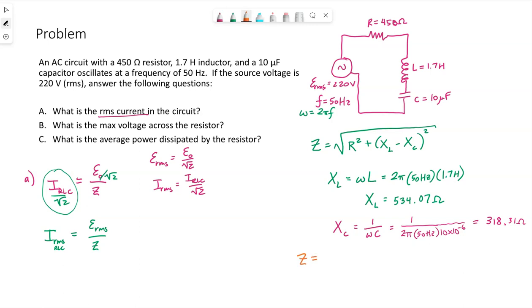Z then, the overall impedance, is the square root of R squared plus the quantity XL minus XC, squared. Our resistor we know is 450, plus this quantity, XL we've calculated, XC we've calculated. That quantity needs to be squared. So let's go ahead and put this in.